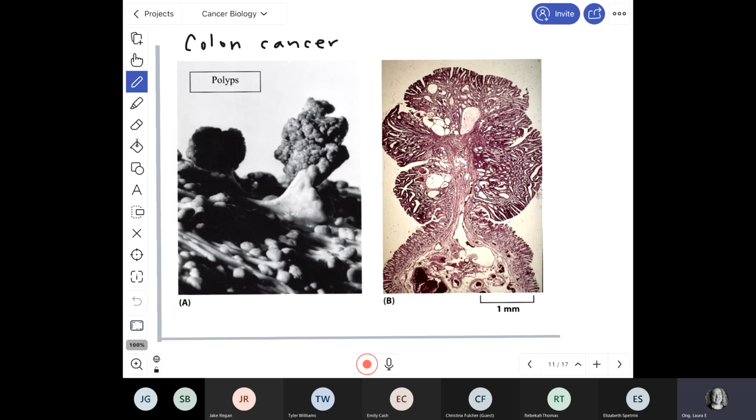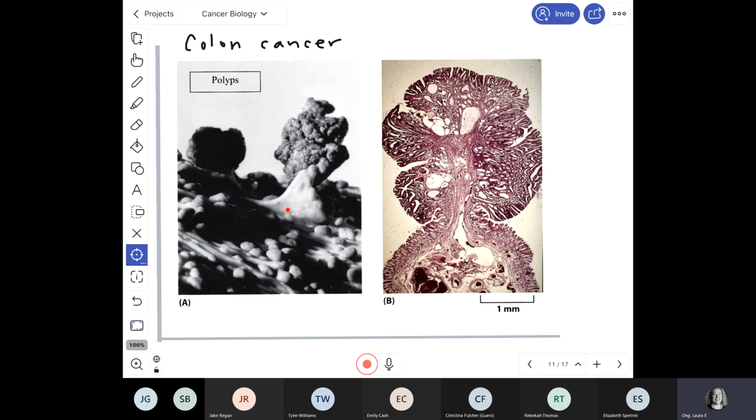So, colon cancer is an inappropriate cell division of the lining of the colon, and we can see here this is the lining of a person's colon, which may not be immediately recognizable, but this is the normal appearance of colon epithelium.